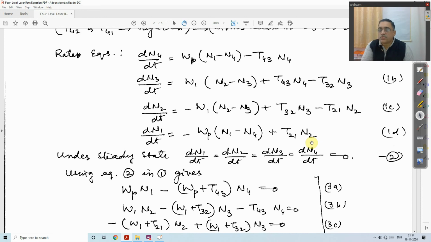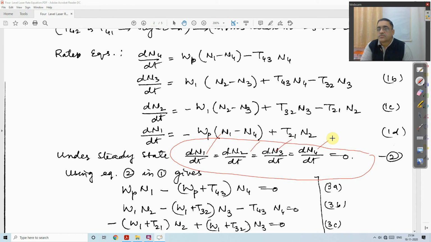Now we have to solve them subject to the condition that under steady state, N is equal to N1 plus N2 plus N3 plus N4, and individually also they are at rest because the rates saturate in order to obey the steady state condition.